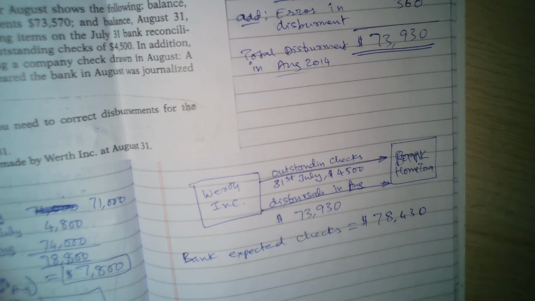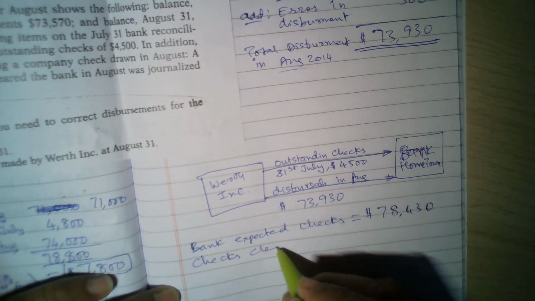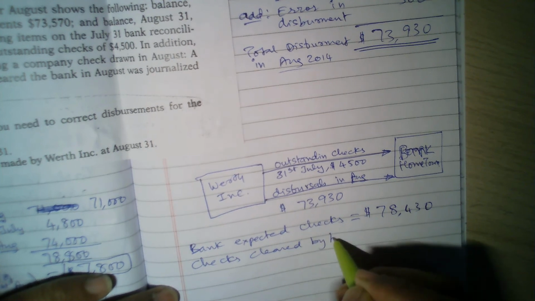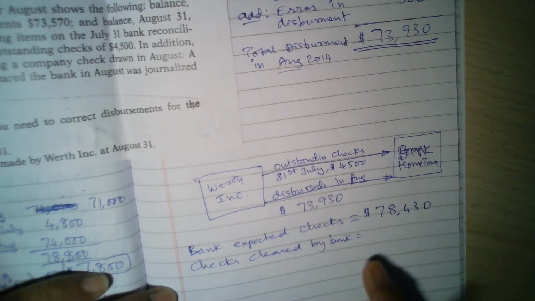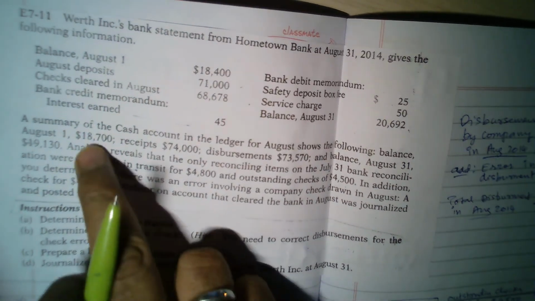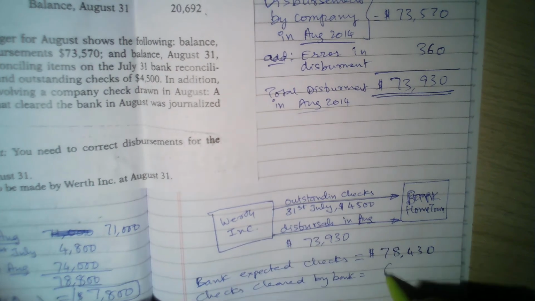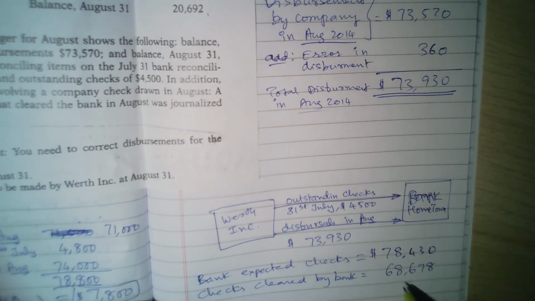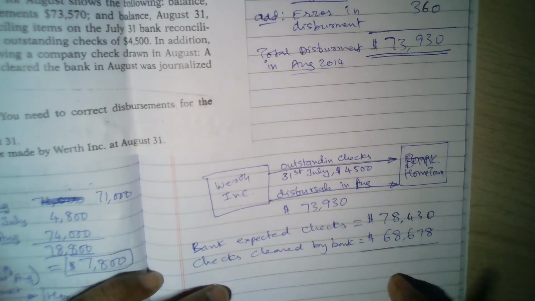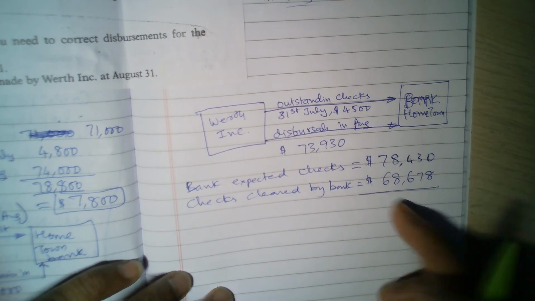But how much did the bank actually receive? How many checks did the bank clear? The checks cleared by the bank, as mentioned here, are 68,678. So the bank expected checks are this much, but checks cleared are only this much.